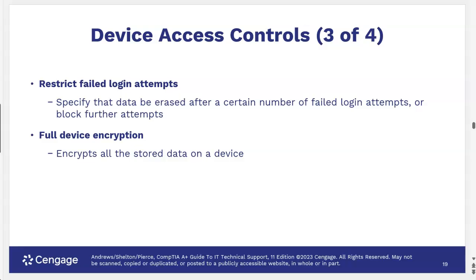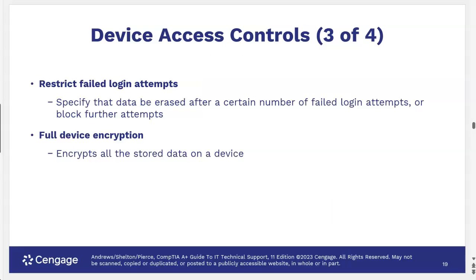You can set it up so that the data is erased after a certain number of failed login attempts. I think iOS has that set up automatically. That'd be another good research project: look up failed login attempts. That's if someone's trying to hack your phone. There's been lawsuits on that one, if you're keeping up with everything. You can also do full device encryption.